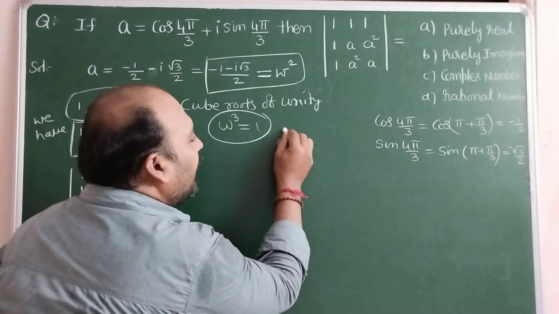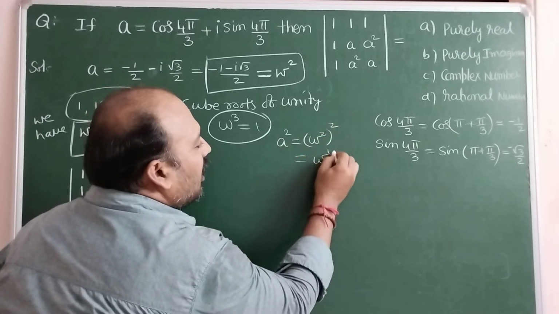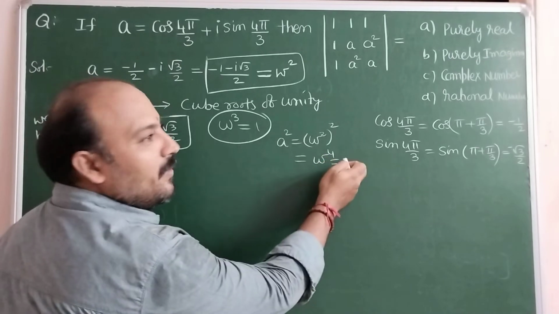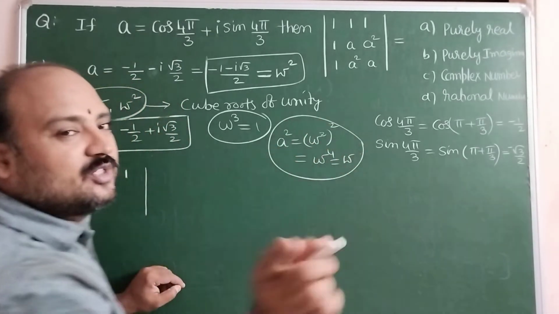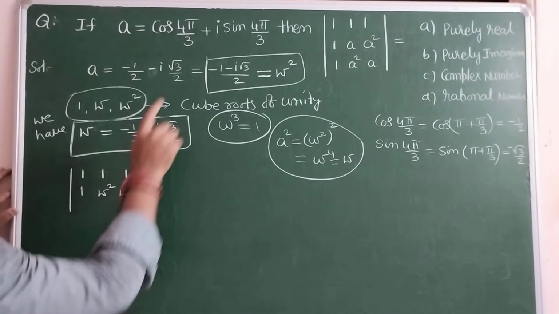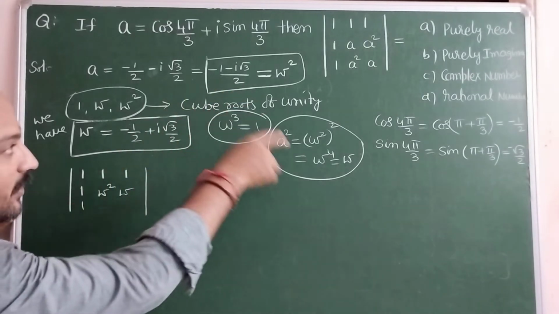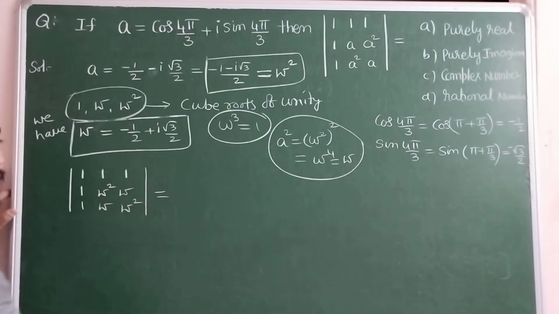Here a square means omega square whole square, that means omega power 4, omega cube into omega, which is omega. So wherever a square is there, write omega. Next row: 1, omega, omega square.